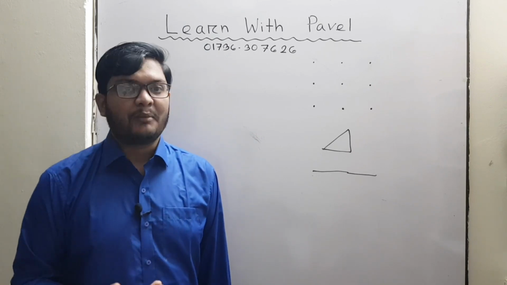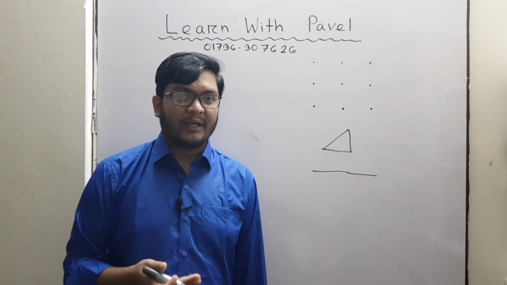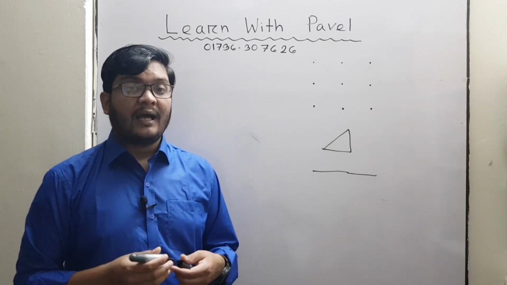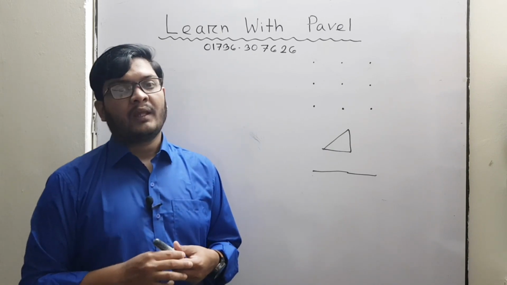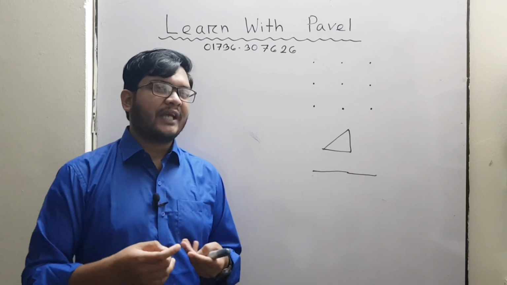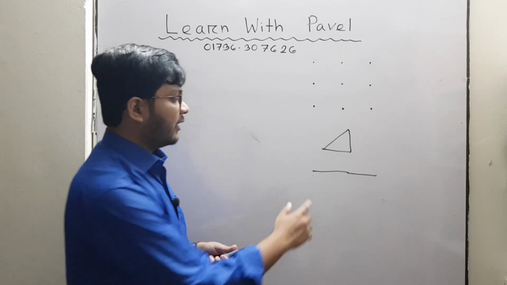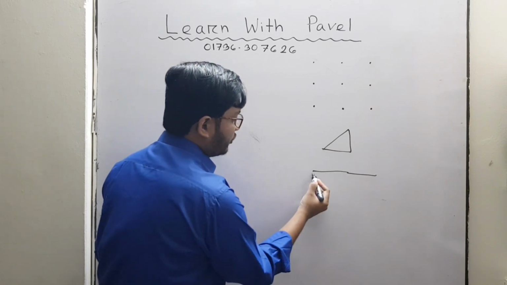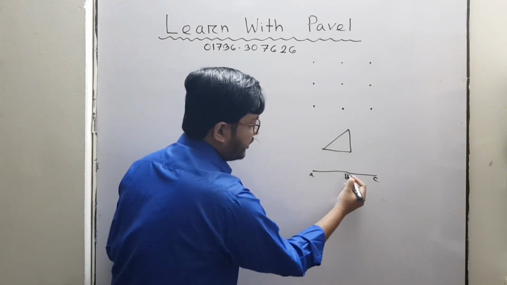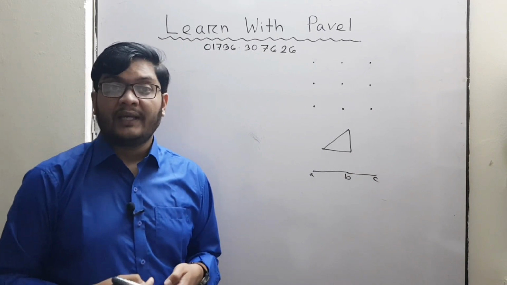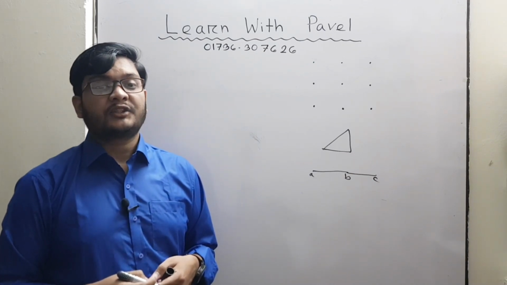That is the tricky part. So it is not said directly, but you have to understand that in how many ways can you select 3 points so that it forms a straight line, not a triangle? Because here you see these 3 points, suppose this is called A, this is B and this is C. These 3 points are not forming any triangle, rather it's forming a straight line.